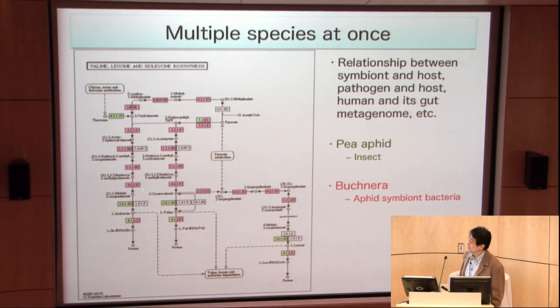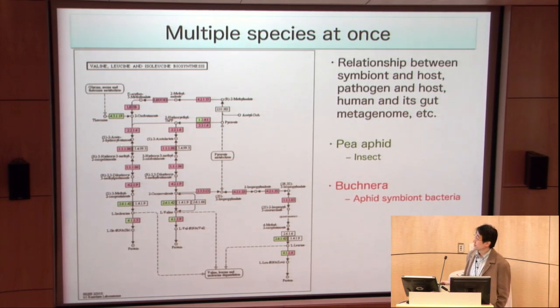And as you can see, the three amino acids are here. And as you can see, to produce these amino acids, both the green part and the pink part are necessary.